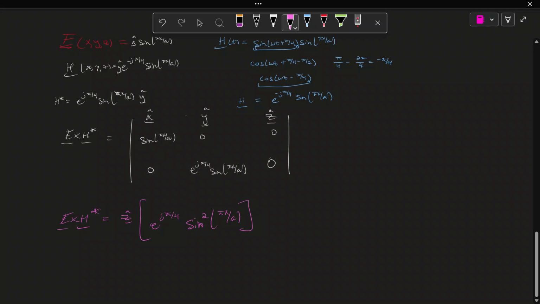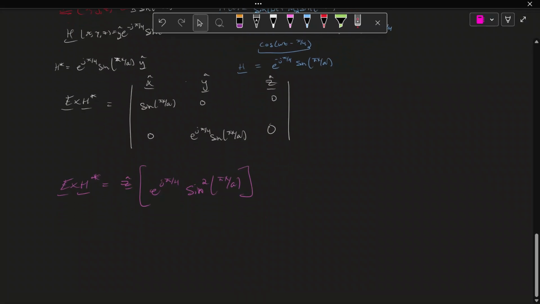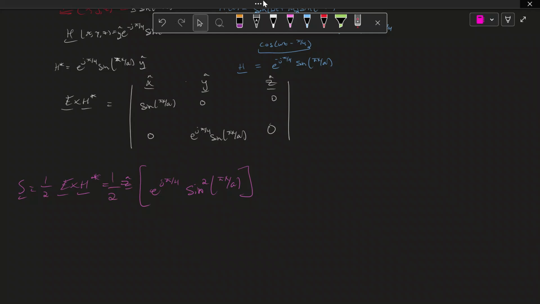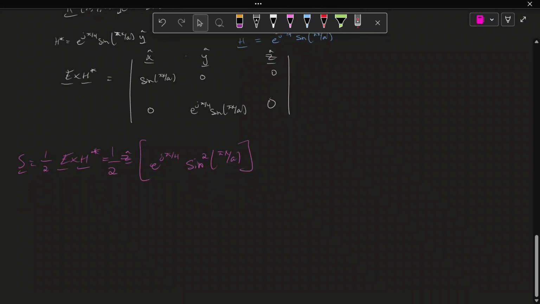And then that's it. You just multiply those two. No other components. Okay, and then we can rewrite the rest. S is equal to 1/2, so we put 1/2 out in front. So that should be the Poynting vector of our E and H in the phasor domain, remember.